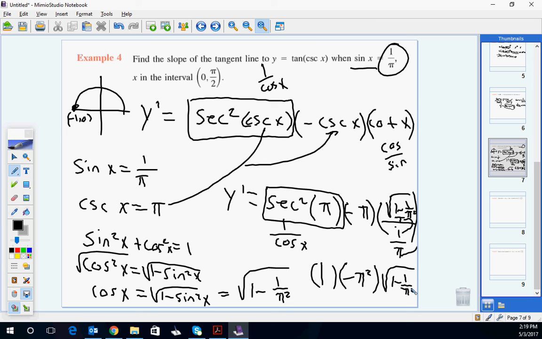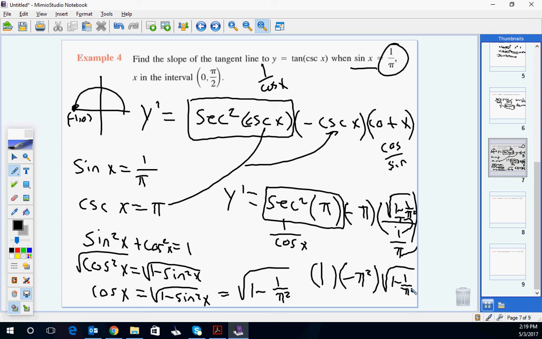Because that's a value. It's just going to be pi times pi. You can write just pi times pi if you want. Are we good?